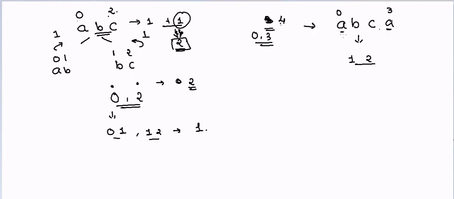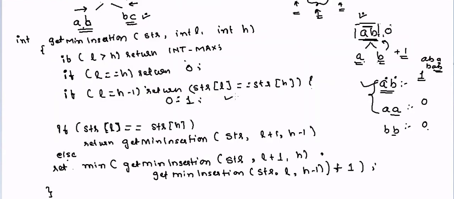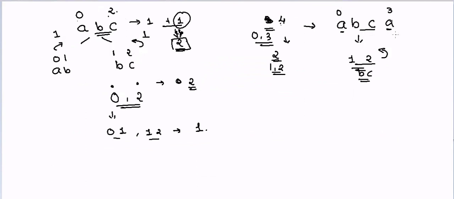Then as the characters are matching, we directly jump to length 2, from 1 to 2. Again in 1 to 2, it will check B and C. As B and C are not matching, it will go for this condition. It will return 1 over here. So the minimum characters required over here will be 1 plus 1 equal to 2.